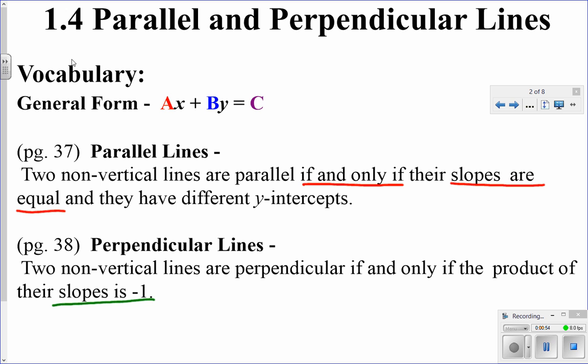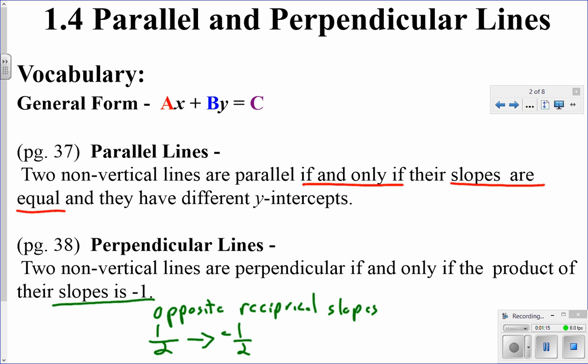So that's going to be opposite reciprocal slopes. So if you have a slope of 1/2, the opposite of that is -1/2, and the reciprocal of that is -2/1.